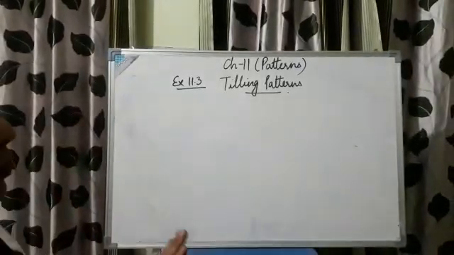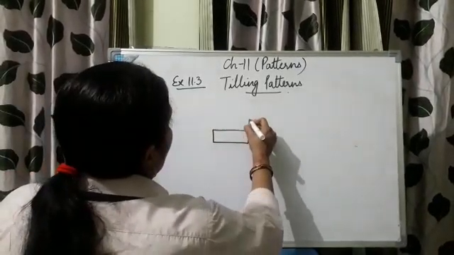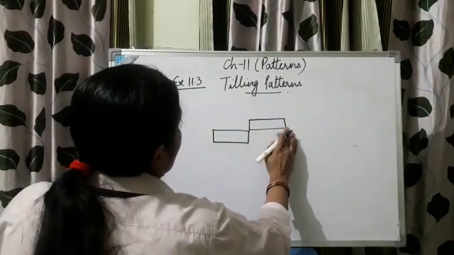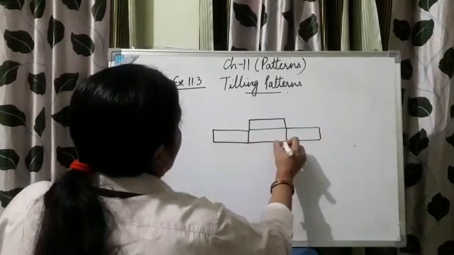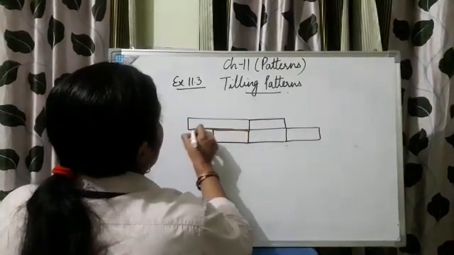When the tiles are joined together, if say I have drawn a tile here, and the tile does not leave any space and is completed like this without leaving any space, that means this is a tiling pattern.